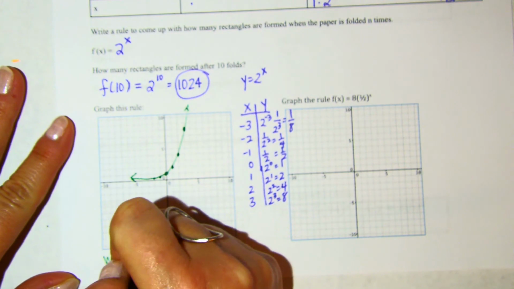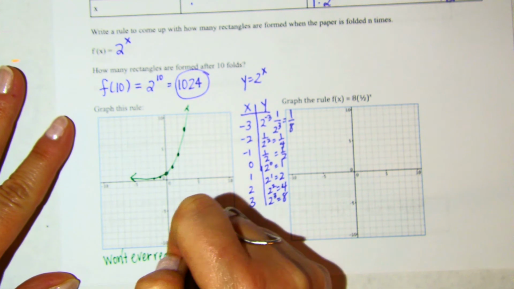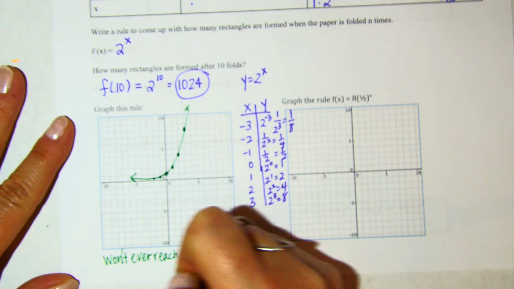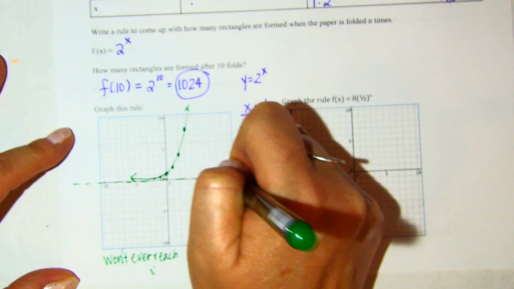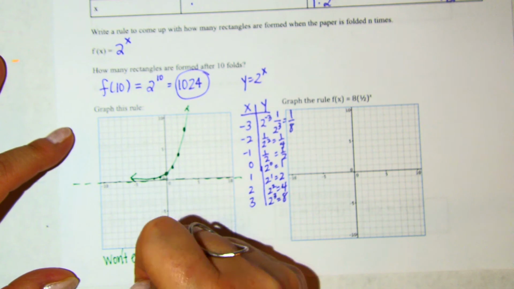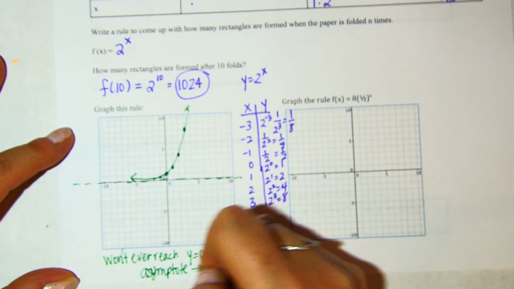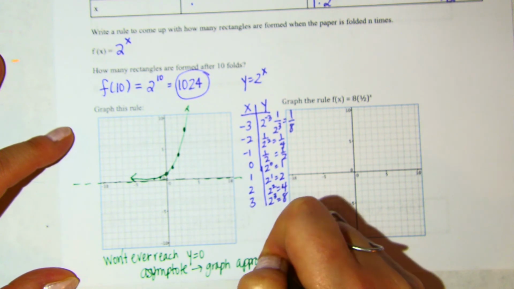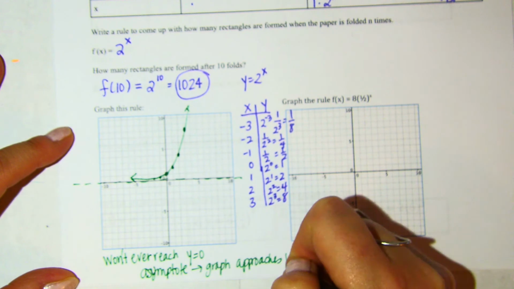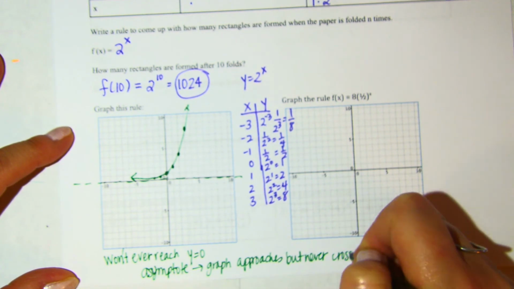So it won't ever reach y equals 0. So that means that's something called an asymptote, where a graph approaches but never crosses.